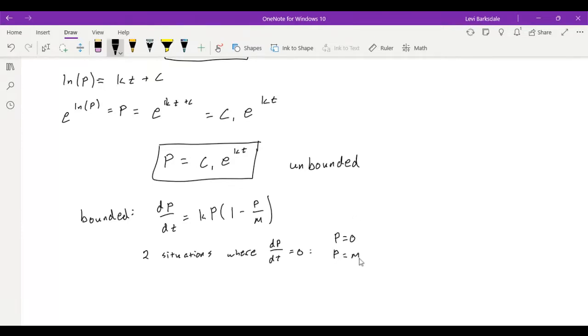Or when P is equal to M, then we'll have 1 minus 1, which gets to 0, like I stated earlier. And these mean that we'll never get out of this situation where dP over dt is 0. And because they result in our population never changing, we call them equilibrium solutions.